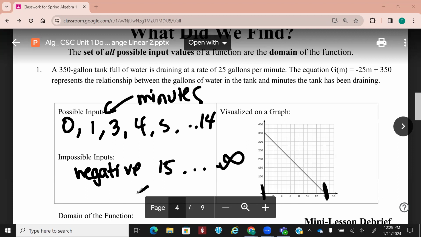That means that the domain is going to be from 0 to 14. On your test tomorrow, it's going to give you a real life scenario, and it's going to say from here to here is your domain.